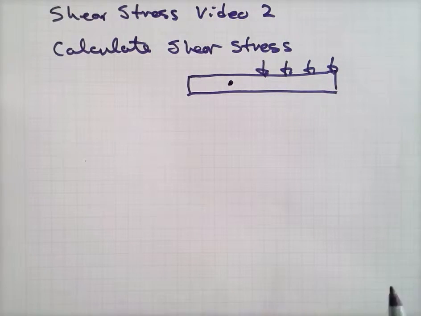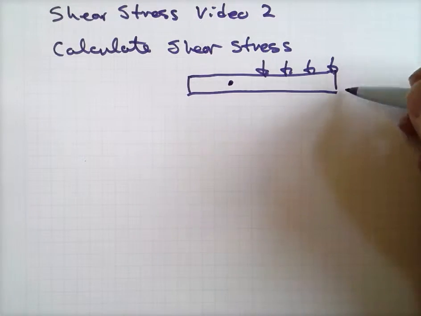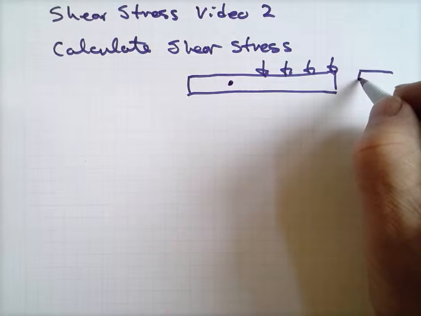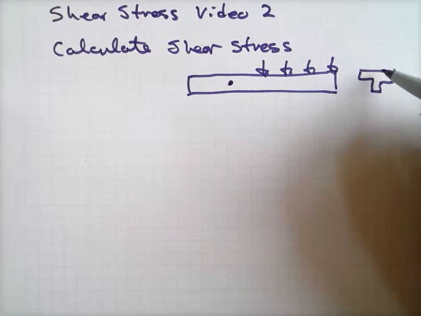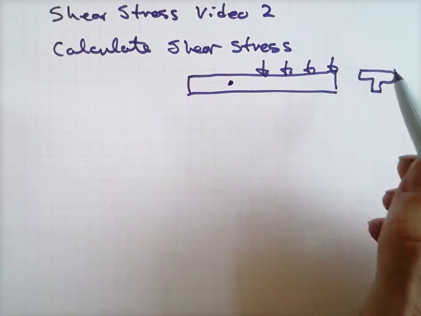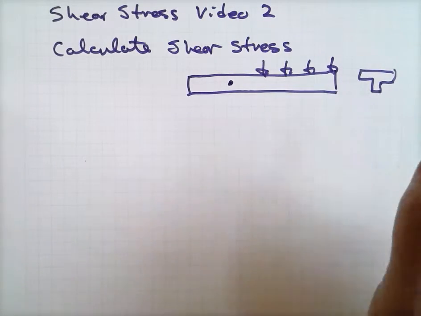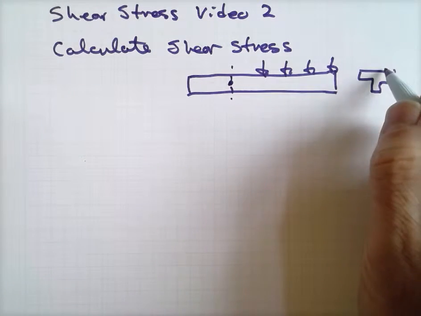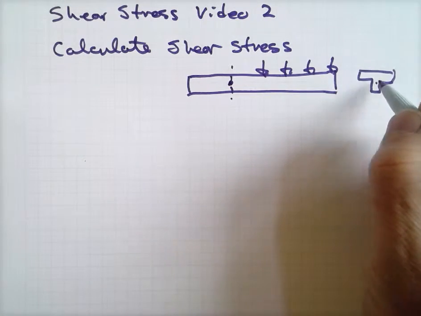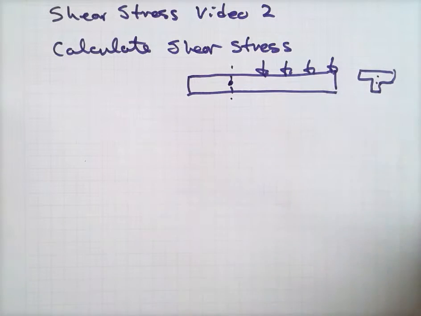And two is, where along the cross section, let's say that this is a T-beam, where in the T-beam do you want to calculate the shear stress? So if you were calculating the shear stress at this location, and then you said, well, I want to find the shear stress at the centroid or a half inch from the top. So we need both of those pieces of information.